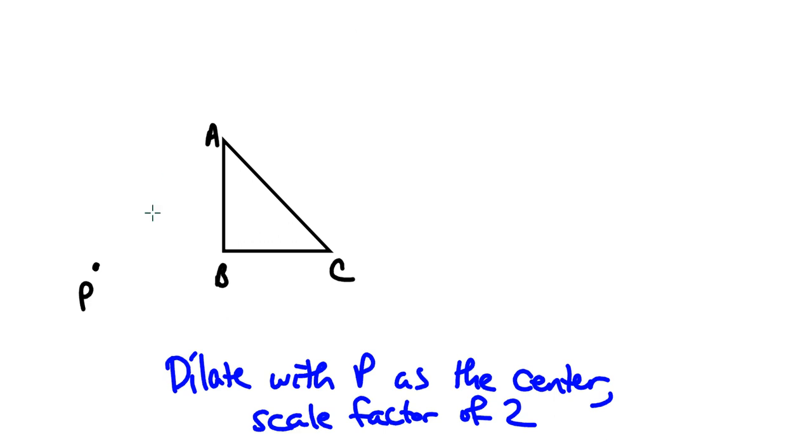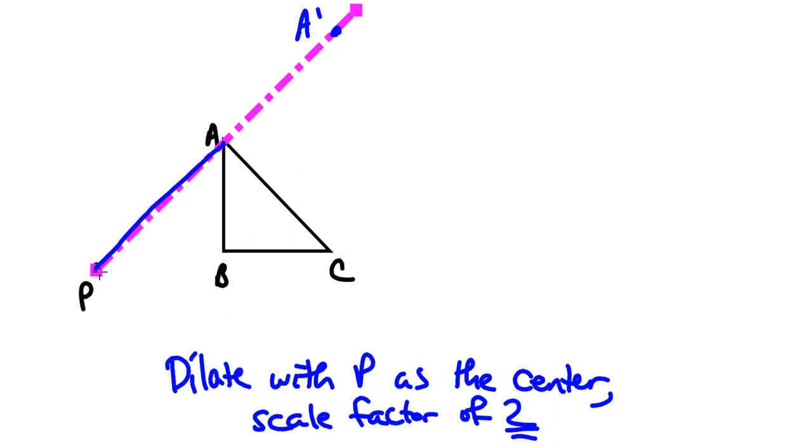Well, that means that there's some line through P and A, and we want this distance to be multiplied by 2 to reach A prime. So whatever PA is, we go twice as far, and that's A prime.